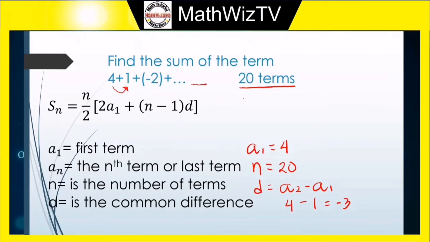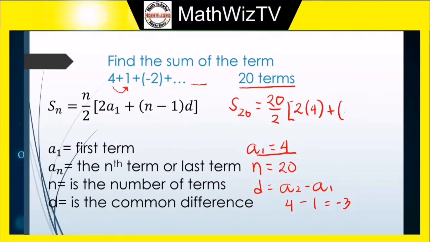So S sub n is S sub 20, which is equal to n. What is the value of n? 20 all over 2 times the quantity 2 a sub 1. So 2 a sub 1 is our first term. You write 4 because a sub 1 is 4, plus n minus 1.